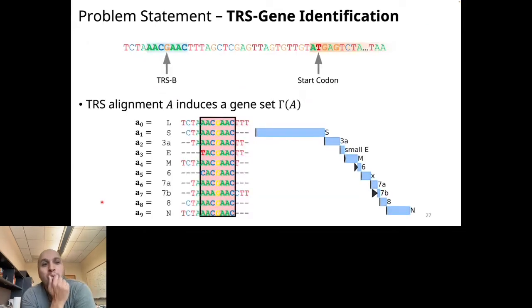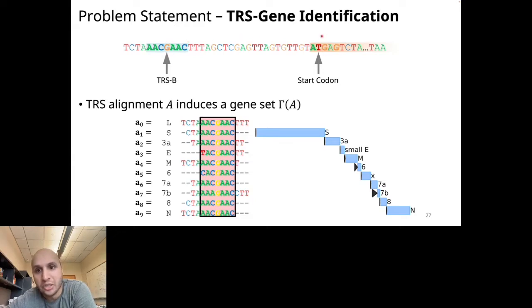So how does this work? Before giving you the problem statement, there's a couple of definitions that I want to go through. Each TRS alignment induces a unique gene set. So what does that mean? If I look at a TRS-B, from that TRS-B I can scan for the first occurrence of ATG.